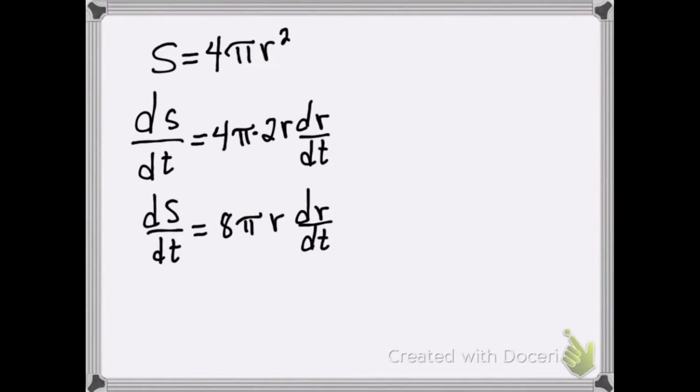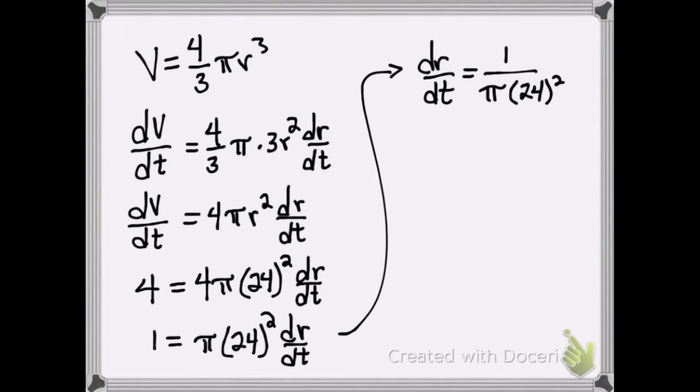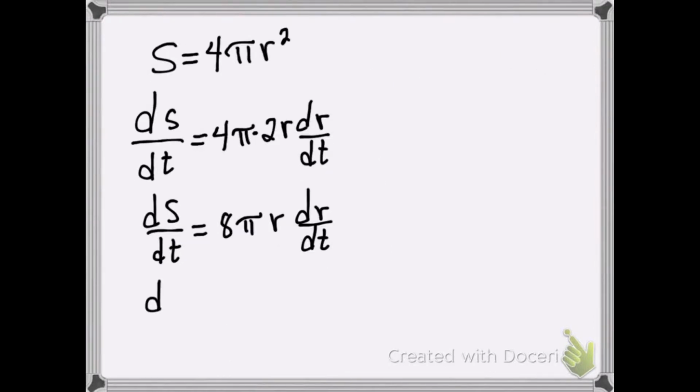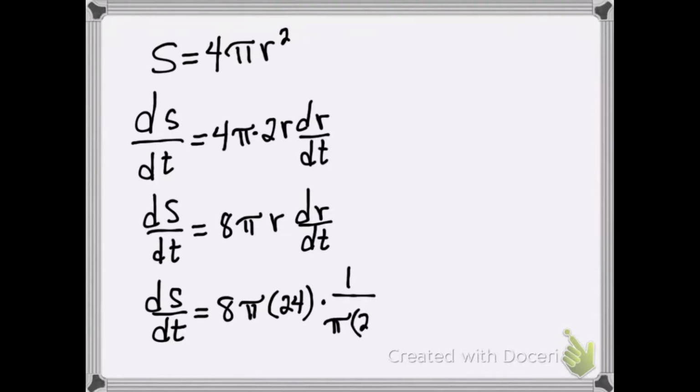But we know two things. We know that r is 24, and we also know that dr/dt is 1 over pi times 24 squared. So let's plug those in. So 8 times pi times 24 times dr/dt, which was 1 over pi times 24 squared.